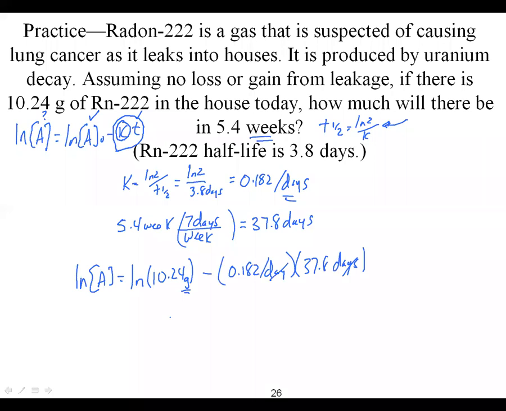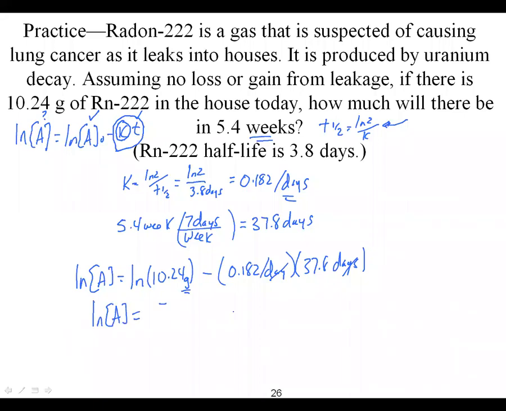So if we clean up the right hand side there, we will end up with the natural log of A equals minus 4.5532-ish.